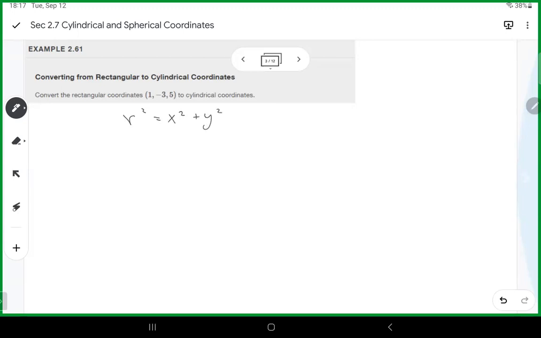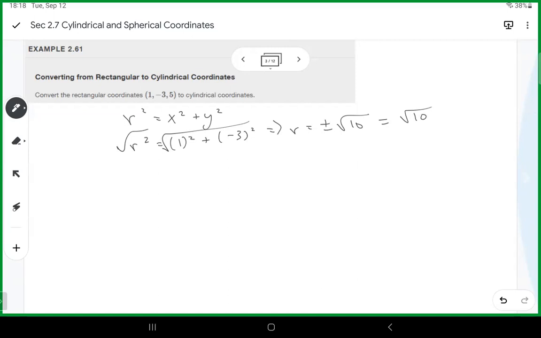So if we fill that in, we would have r squared equal to 1 squared plus (-3) squared. Take the square root of both sides. That will give us r equal to plus or minus the square root of 10. Okay, we choose the positive root, which makes sense because we're talking about lengths.